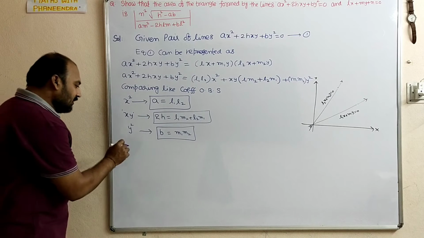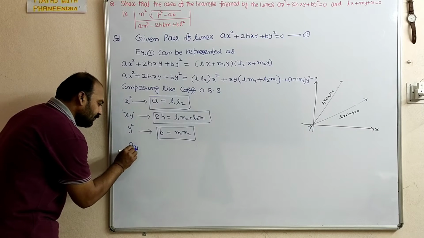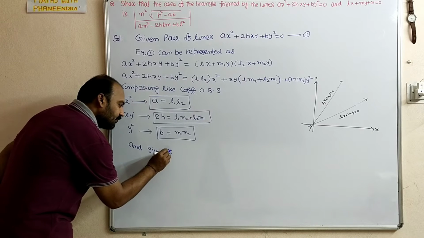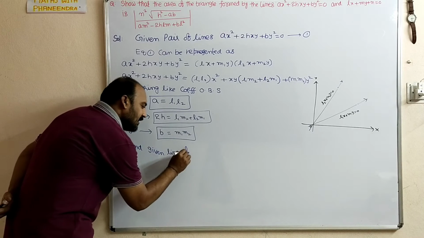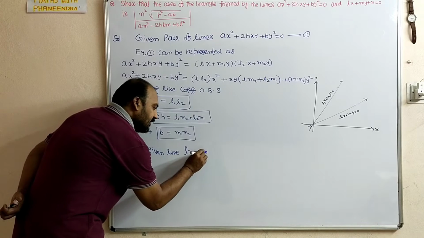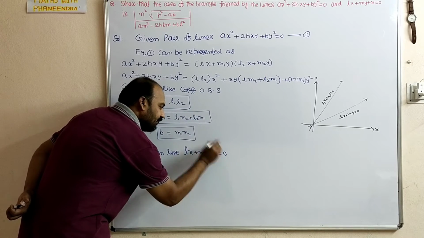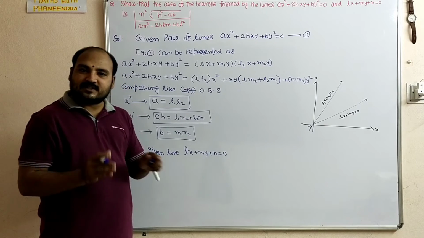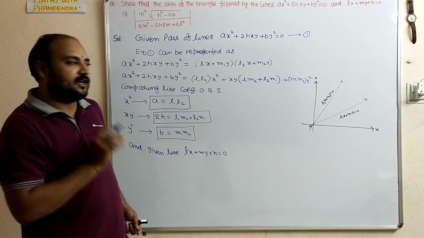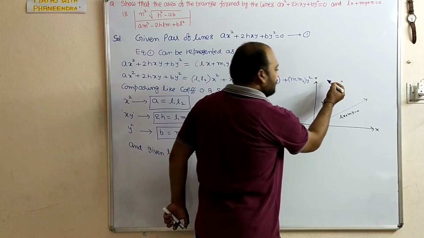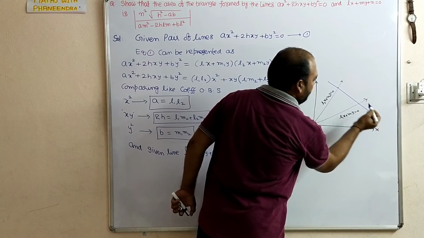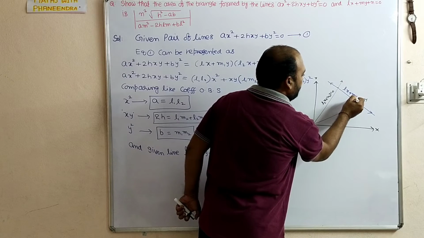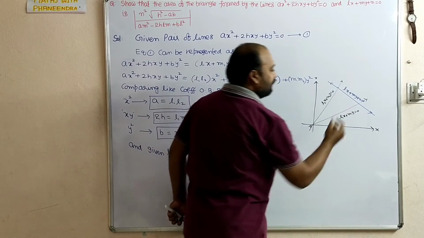And the given line Lx plus My plus n is equal to 0. Lx plus My plus n equal to 0 means this line is not passing through the origin. So here I am representing this line Lx plus My plus n equal to 0.